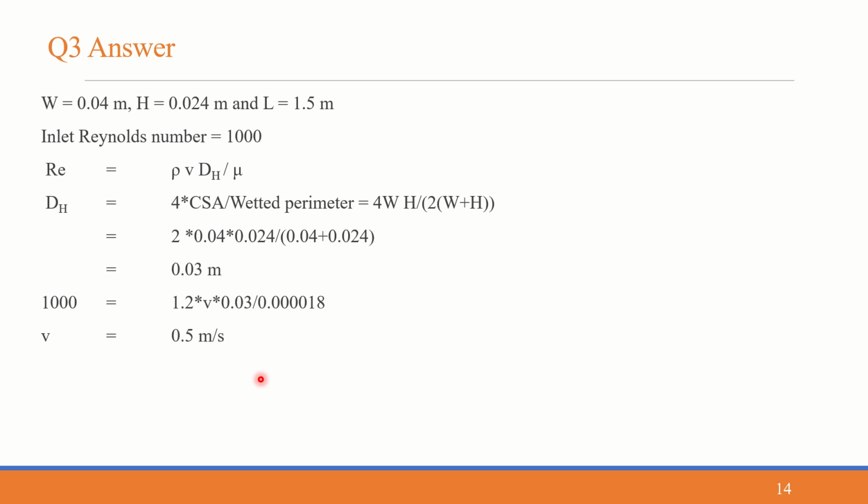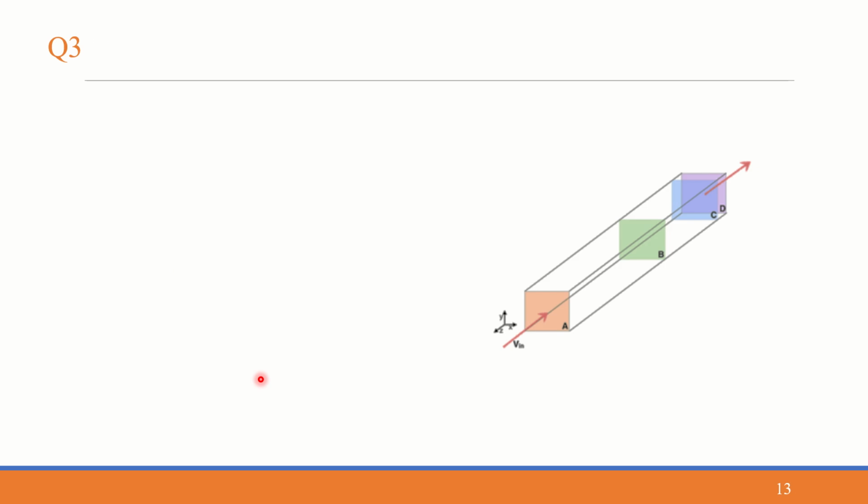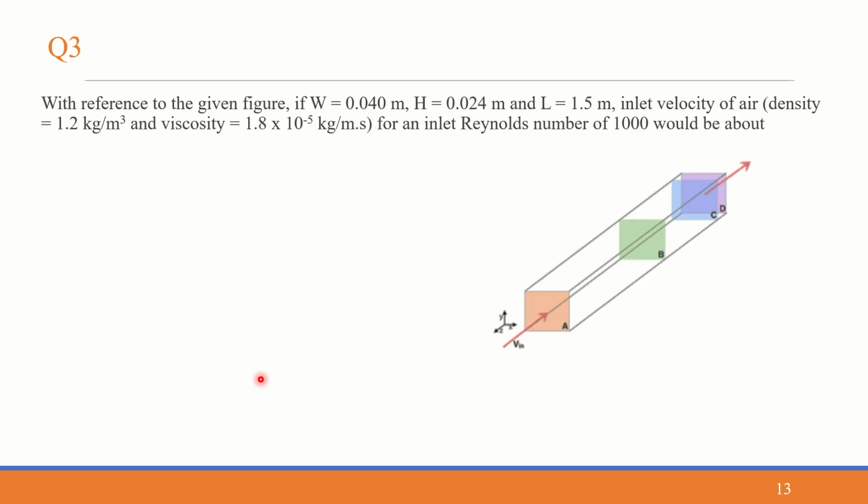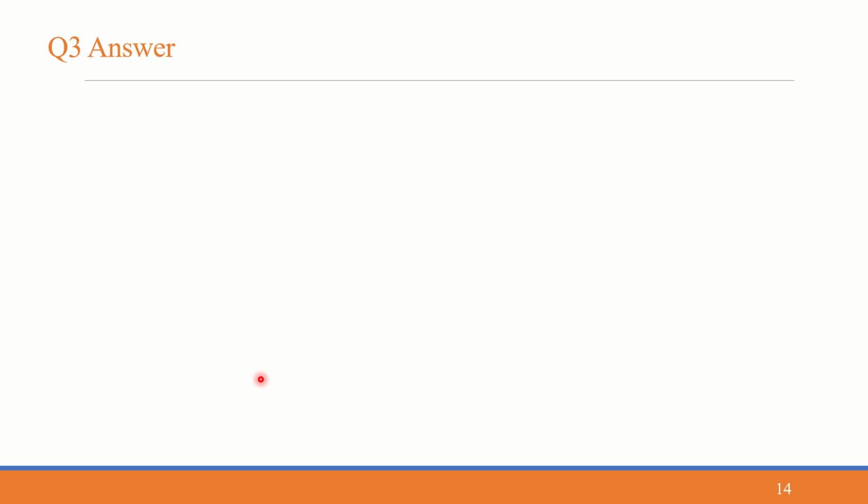So the inlet velocity is 0.5 meter per second. So that is what we have seen in the question as well. The answer is option B.